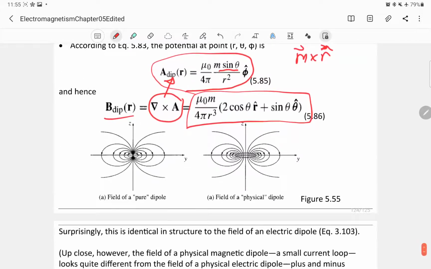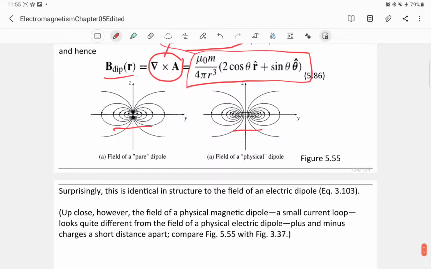So talking about magnetic fields, you have here a magnetic field, and this one is just two charges, positive and negative. Surprisingly, this is identical in structure, as you can see, almost the same to the field of an electric dipole, if you go back to the discussion in chapter 3.